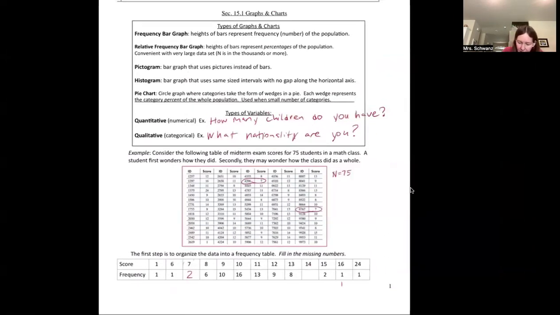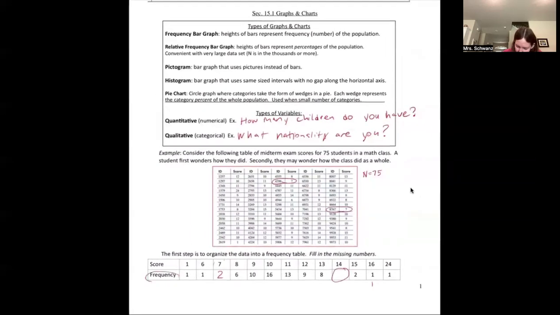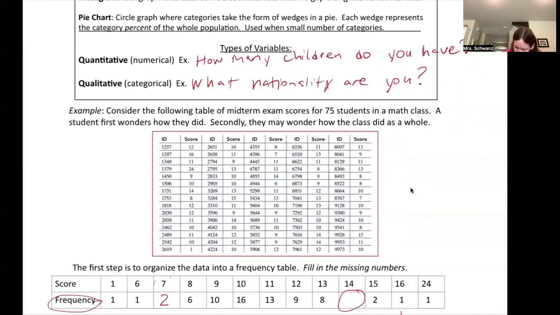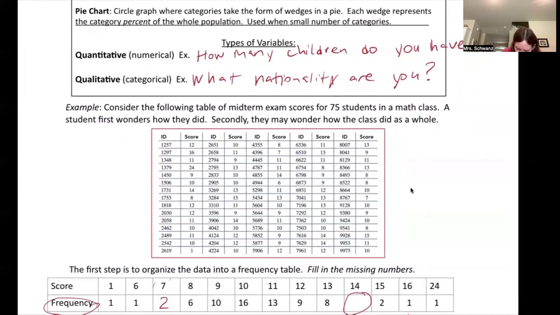All right, then they ask us, the 14 is missing. See how this is missing right here? They want us to find the frequency of 14. They just needed us to count how many scores were 14. I'm going to circle them so I can easily add them later.